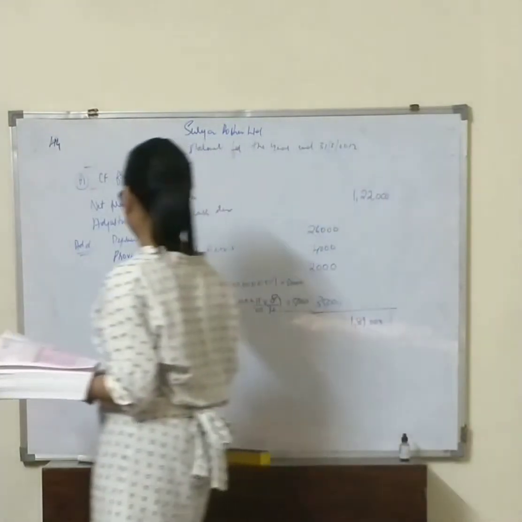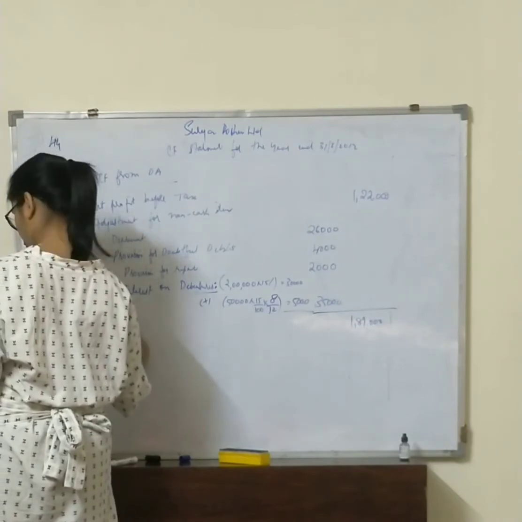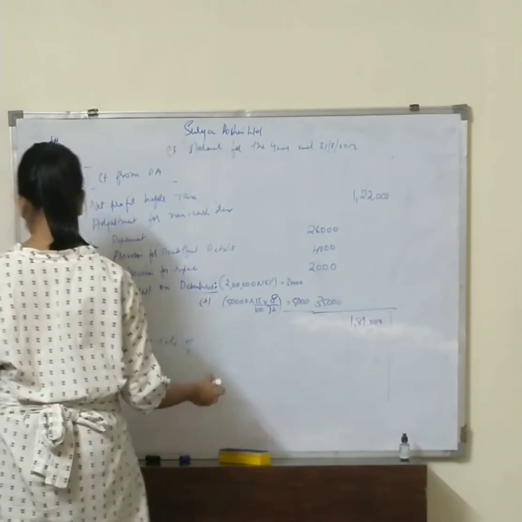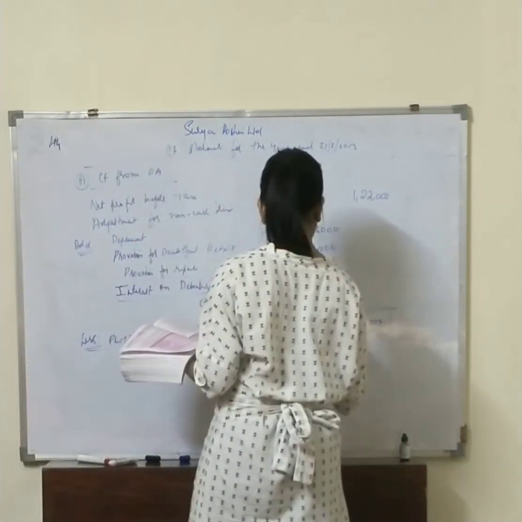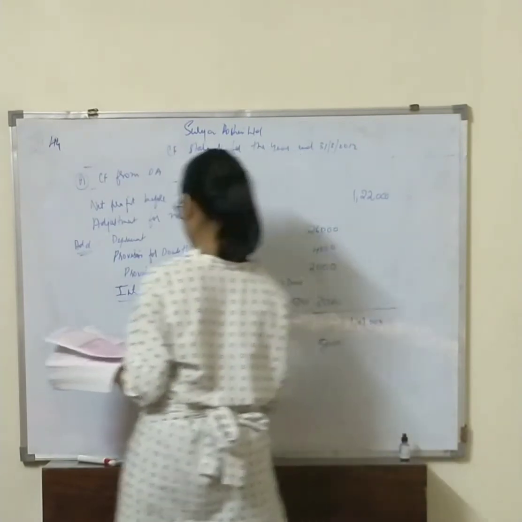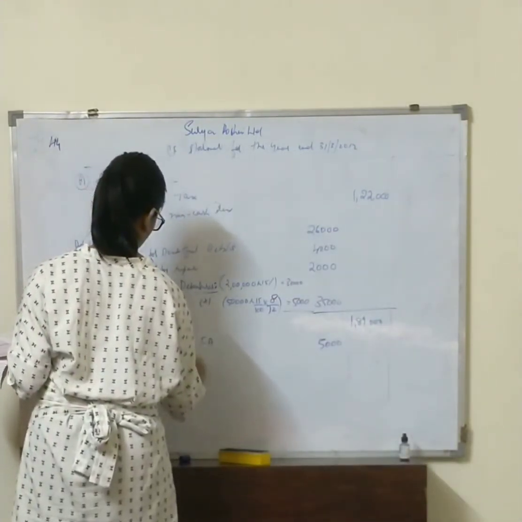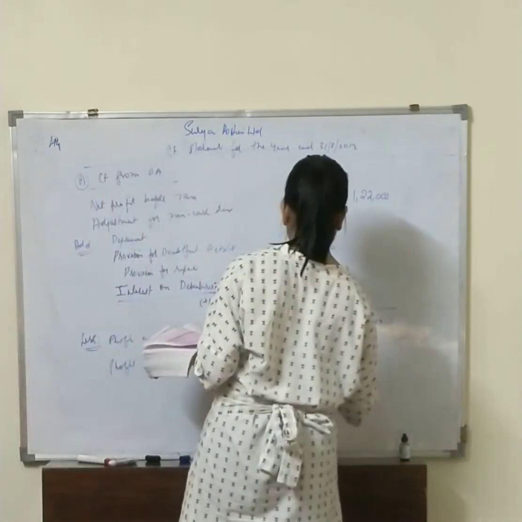1,89,000. Then we deduct our income. What is the income? We have profit on sale of fixed assets. How much is it? 5,000. And we have profit on sale of investment, non-current investment, that is 4,000.